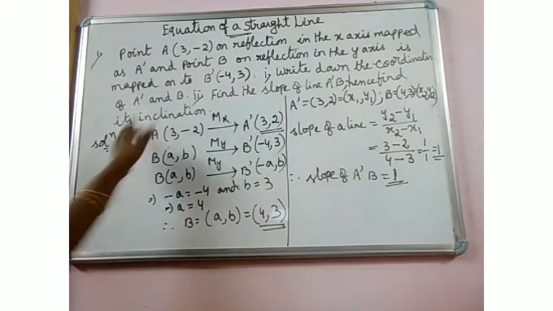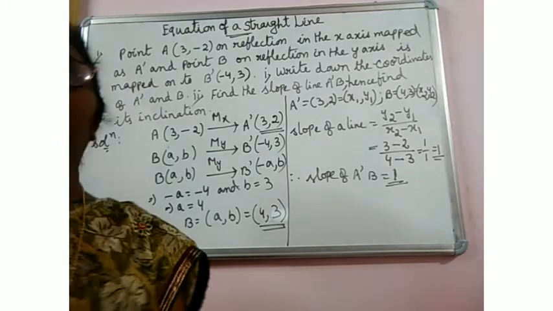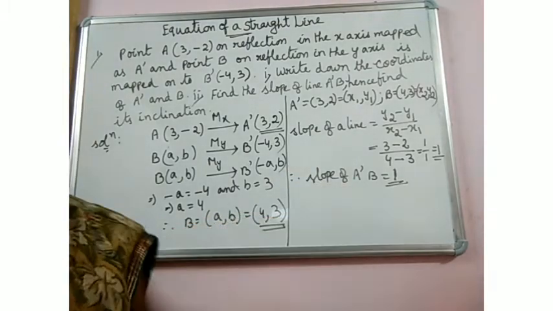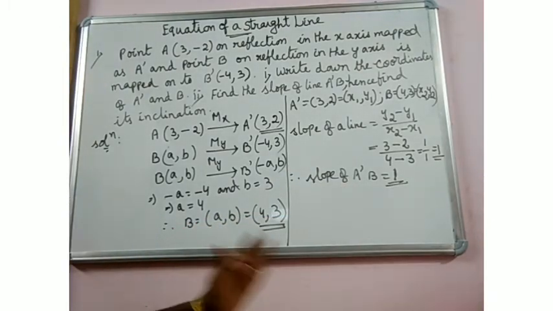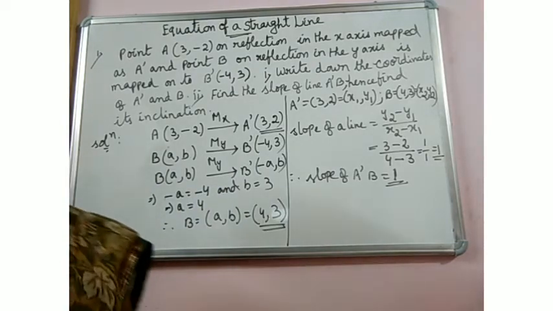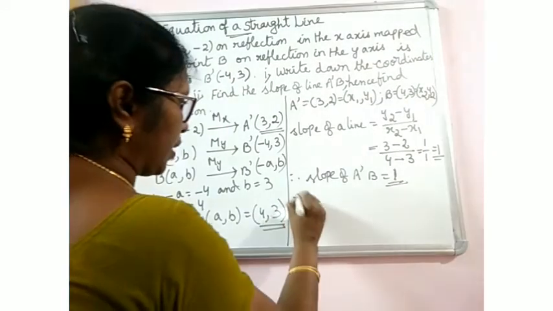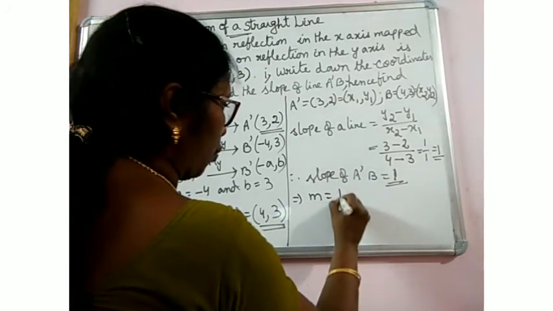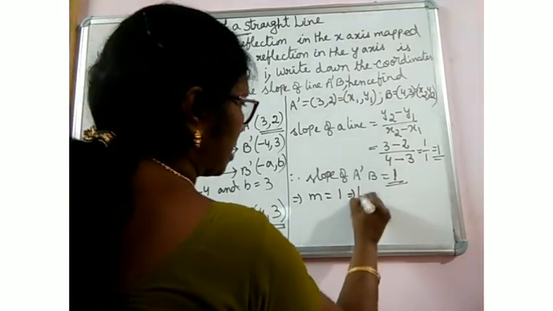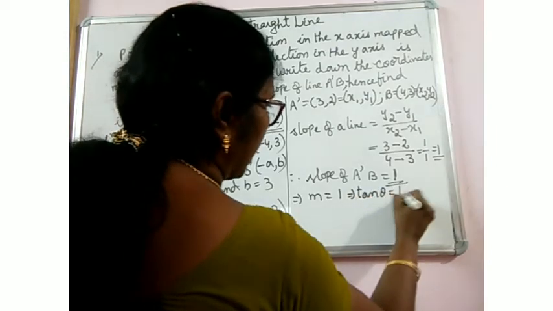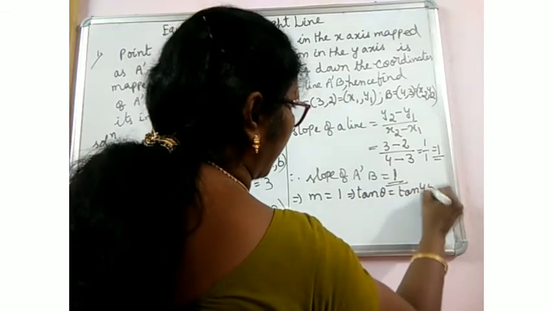And hence find its inclination, that is, after finding the slope of the line, find the inclination of the line. You know that slope of a line m is equal to tan theta, that is tan of the angle of inclination. So slope m is equal to 1, that implies tan theta is equal to tan 45 degree.